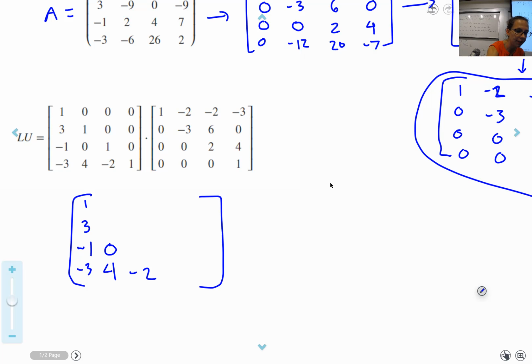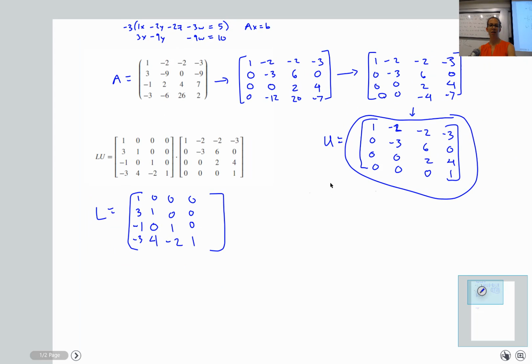We're just going to fill in 1s along the diagonal and 0s everywhere else. But this is L, keeping track of those coefficients, and what we got from our Gaussian elimination was U.